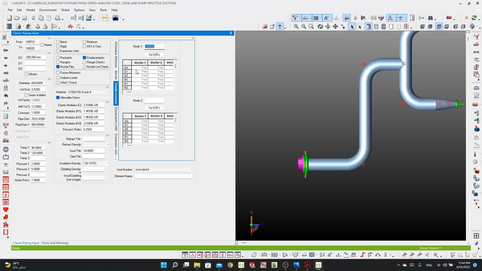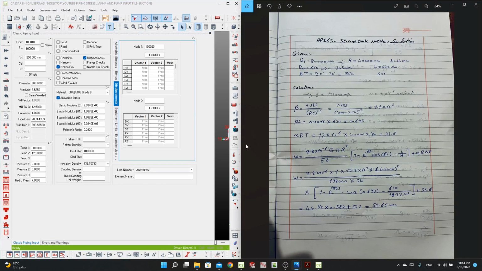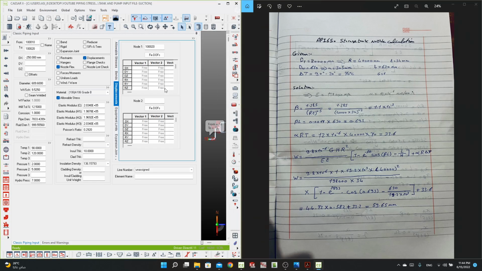After we applied the stiffness and the data of the stiffness, we need to insert the displacement as it had been calculated. We put the radial growth in the x direction. So we put 59.65.